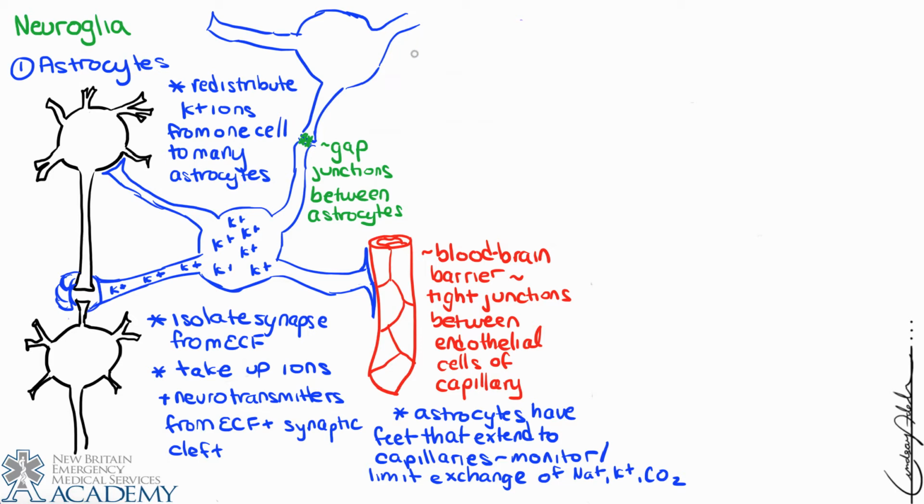And they can also limit the exchange of certain things like sodium, potassium, and carbon dioxide. So the astrocytes are making sure that the neurons stay healthy and they don't get exposed to anything that they're not supposed to. They also can help repair damaged neurons, and we aren't going to talk about that so much now, but perhaps a bit later. The second type of neuroglia belonging to the CNS is ependymal cells.